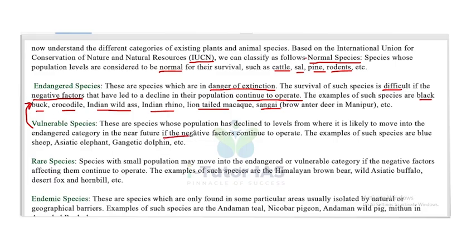Examples are blue sheep. As of now, the Asiatic elephant and the Gangetic dolphin are considered as endangered species, because the negative factors for their survival are increasing.